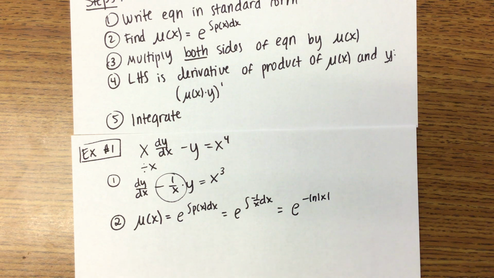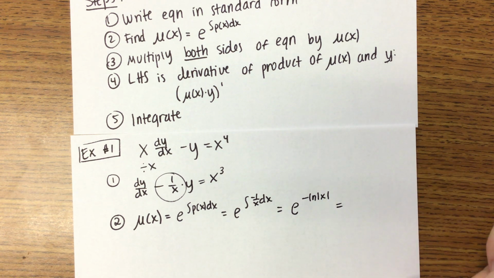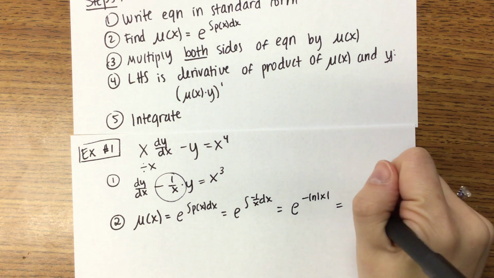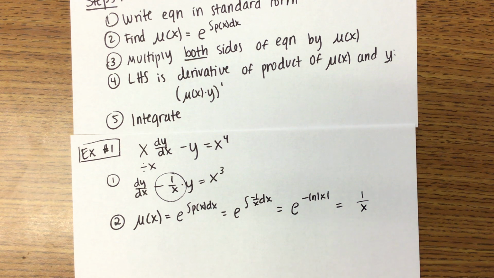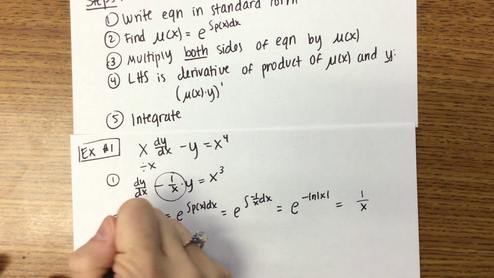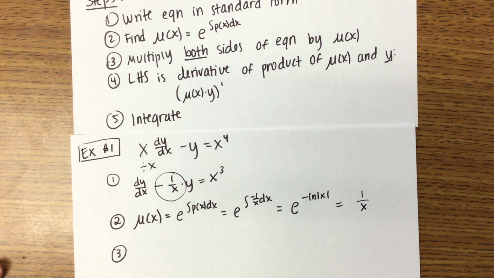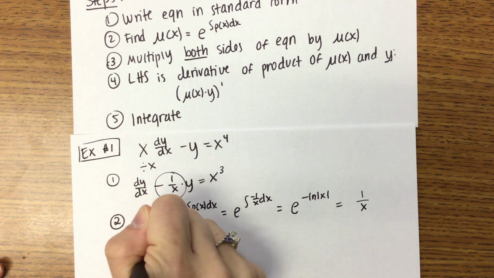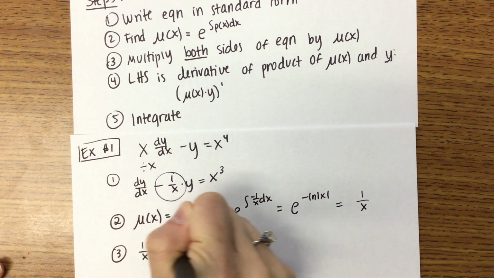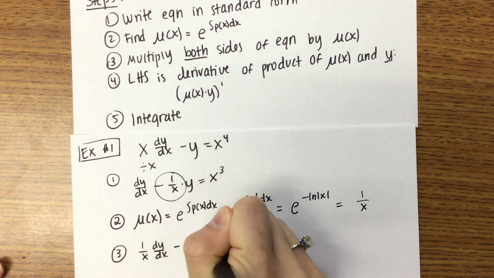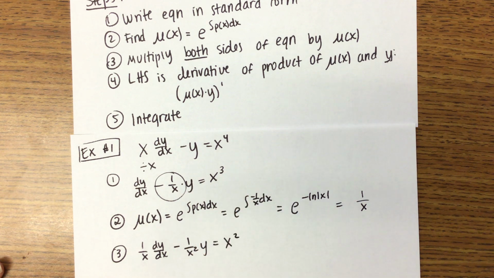Yes. What does it become? 1 over x. Okay, so then we are going to multiply the entire equation by 1 over x. So we get 1 over x dy dx minus 1 over x squared y equals x squared.